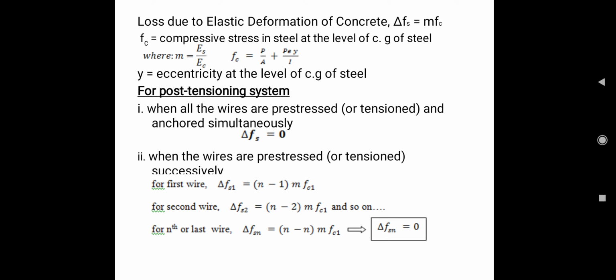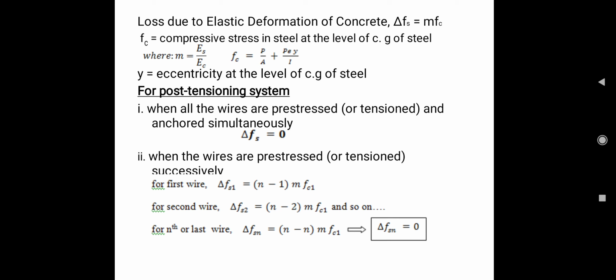It can be calculated using the formula fc is equal to P by A plus P e y by I, where P is the pre-stressing force, A is the cross-section area of the member, P is again the pre-stressing force, e is the eccentricity of the cable with respect to the CG, y is the centroidal distance with respect to the top fiber, and I is the moment of inertia.